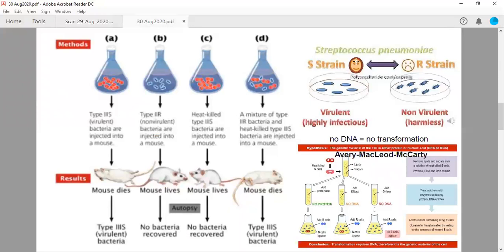But if a gene encoding this polysaccharide capsule or coat is transformed into the R cells, the R cells are said to be transformed after the integration of this particular gene into the chromosome. Then this mutated gene is replaced with the healthy gene, and they are able to make the capsules over their cells, and therefore they will have a smooth appearance. Because of this capsule and smooth appearance, they become virulent, and therefore they are able to kill the mice in the Griffith transforming experiment. Got it?